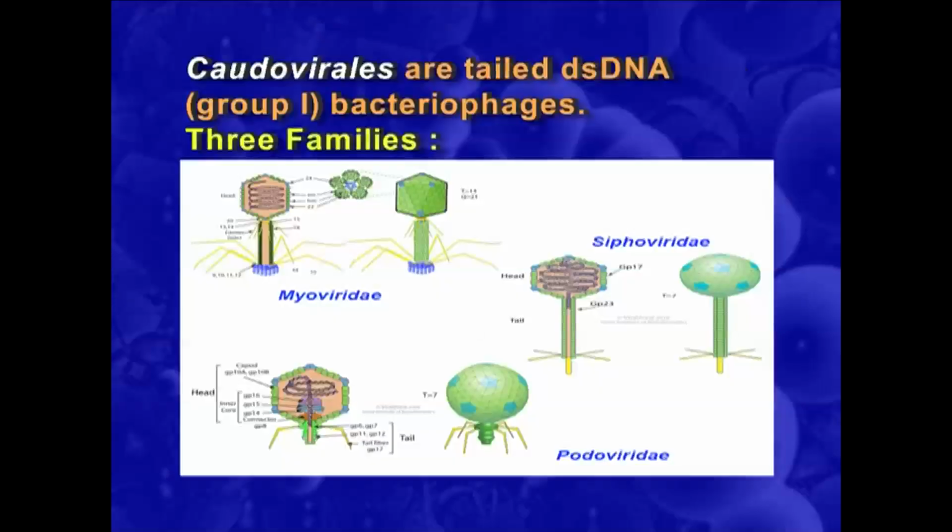Next, we will talk about the special features of these orders and name of the families that are present in these orders. So, let's start with Cordovirales. Cordovirales comprises double-stranded DNA bacteriophages. It comprises 3 families, namely Myoviridae, Siphoviridae and Podoviridae.